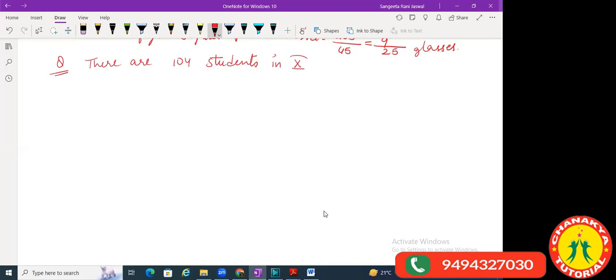There are 104 students in class 10th and 96 students in class 9th. In a school, in a house examination. House examination means the internal exams that you have, Unit 1, Unit 2, those exams.